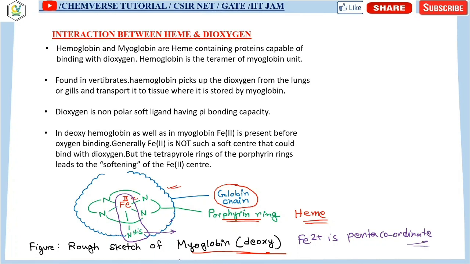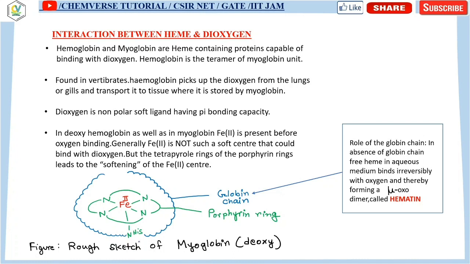This is an obvious fact that this is why it can bind with oxygen, because after binding with the oxygen, its coordination number has become 6. So a transition from coordination number 5 to 6 occurs. So it has an opportunity to increase its coordination number, isn't it?